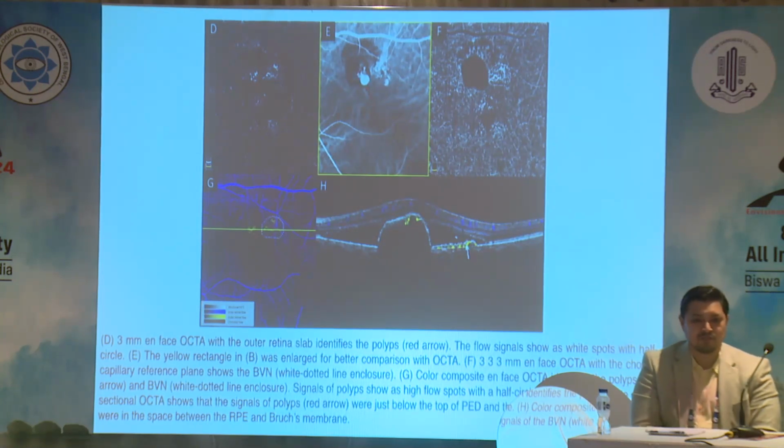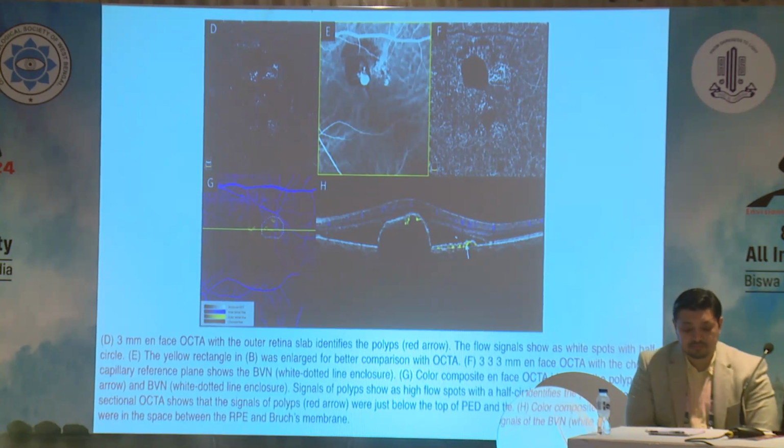Now when we go to the deeper levels in the F slide, in the choriocapillaris, we can see a branched vascular pattern which corresponds to the choroidal neovascular membrane in the ICG picture adjacent to the polyp. Now when we go to the G slide and do a color composite, we can see the circle on the left side marked as a polyp, which is seen as a half circle.